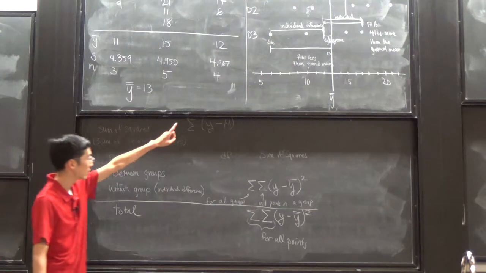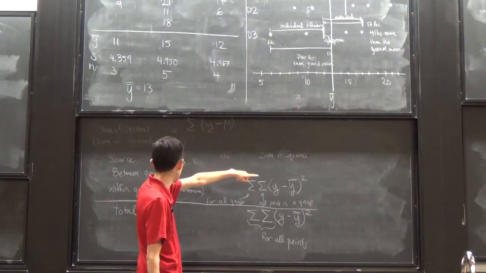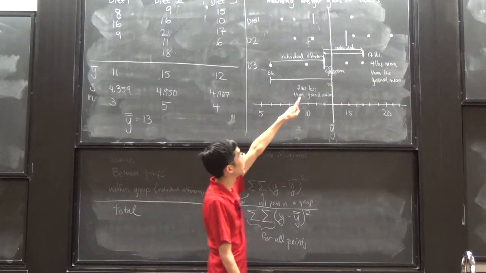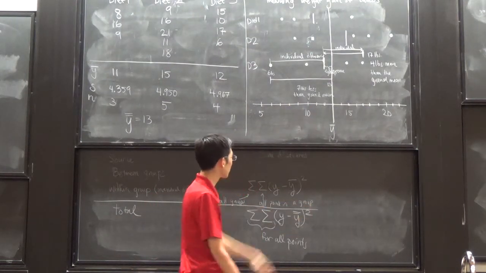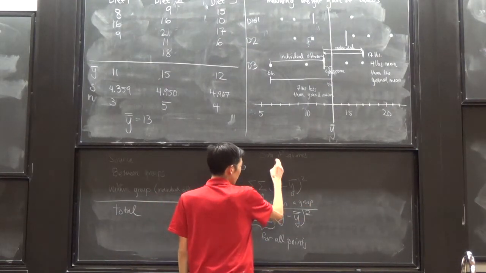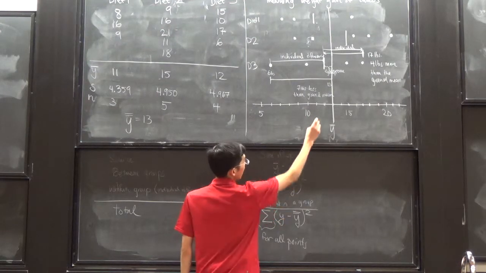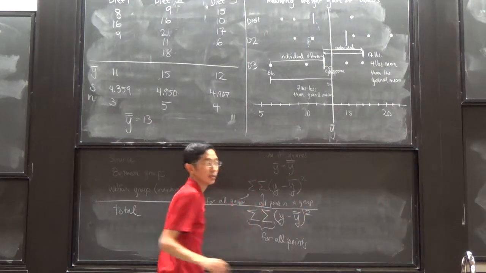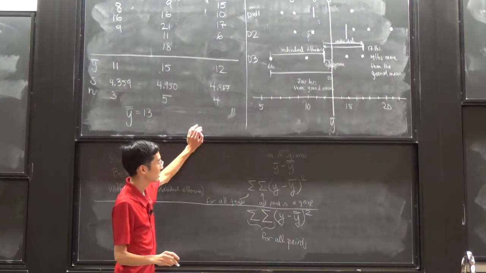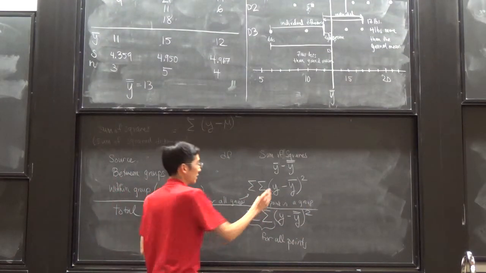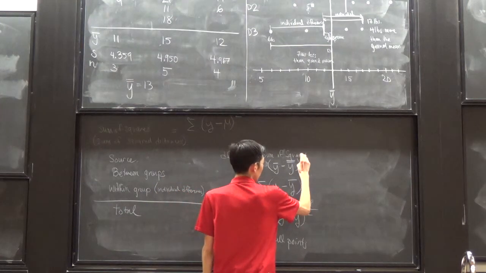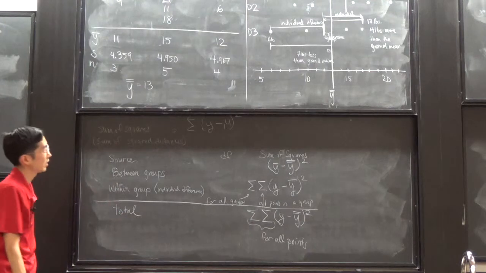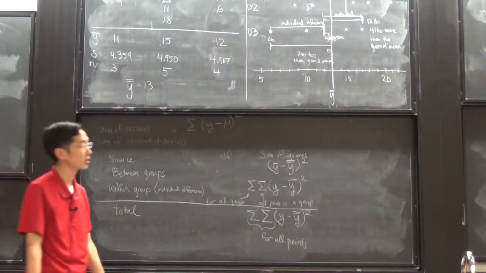And then for the sum of squares between the groups, I'm looking at the group difference. That is the group mean, y bar, and how different it is from the grand mean, y double bar. I'm going to take that difference and square it. And how many times am I going to do that?